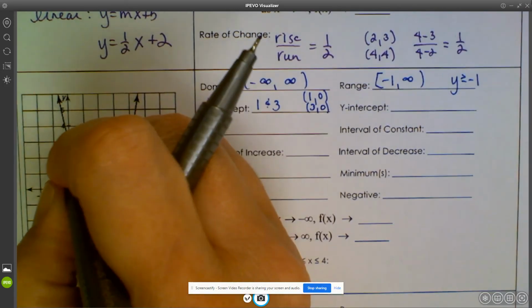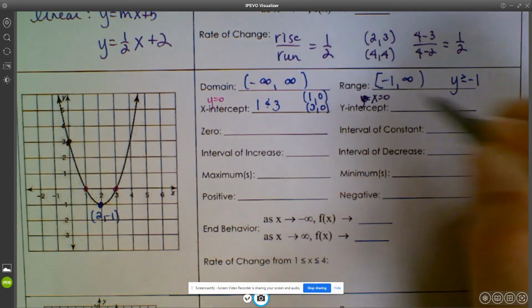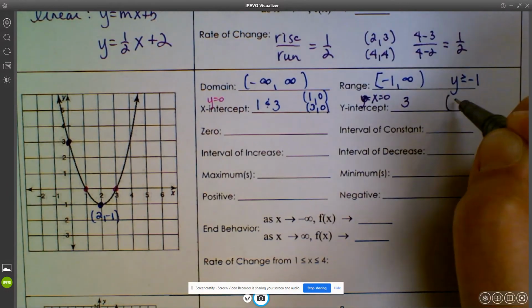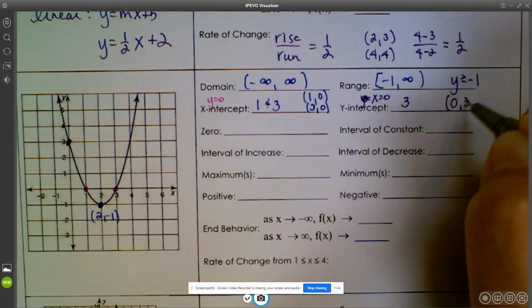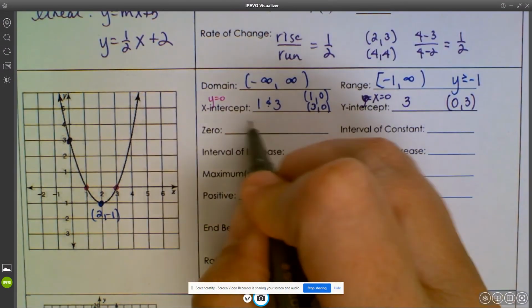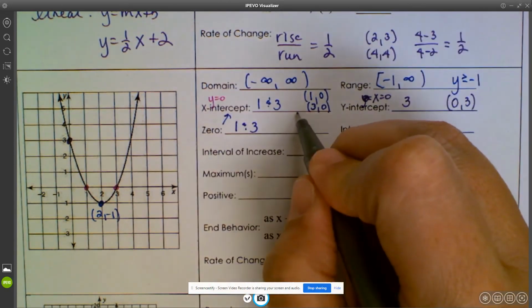Our y-intercept is here, where x equals 0. So my y-intercept is 3. So the order pair is (0, 3). What are my zeros? Well, my zeros are the same as this. So my zeros are 1 and 3.